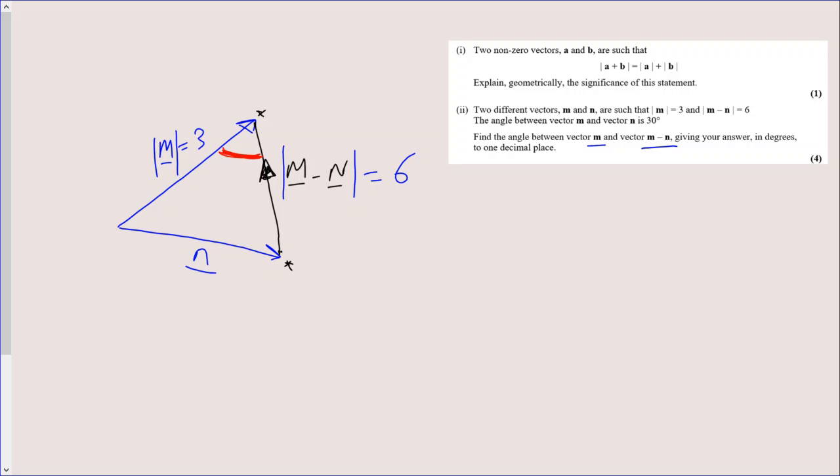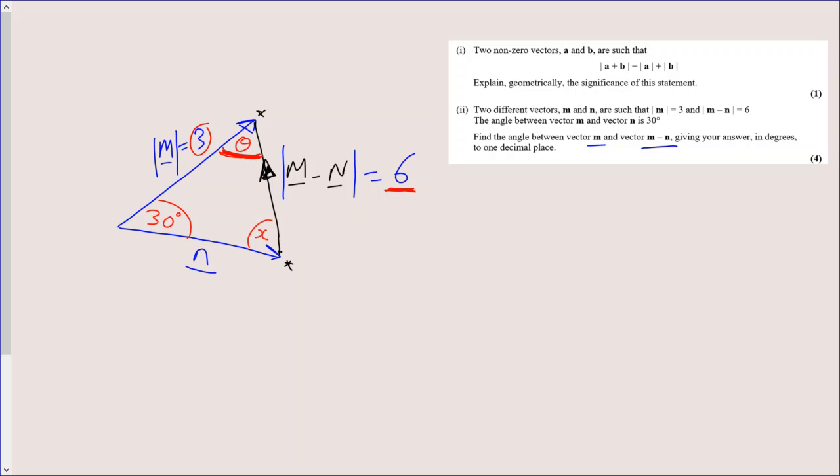Now we know this angle here is 30. So I know that the length of the side opposite the angle 30 is 6. I've got another length here of 3. Maybe I should work out this angle here using the sine rule, and then I can find this angle here, which is what I ultimately want.